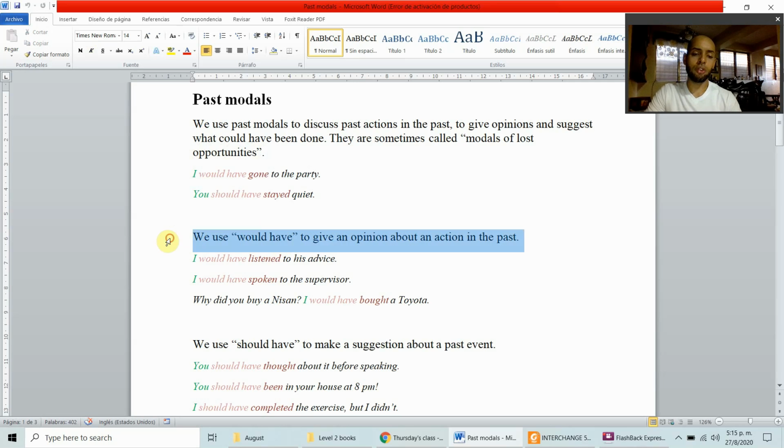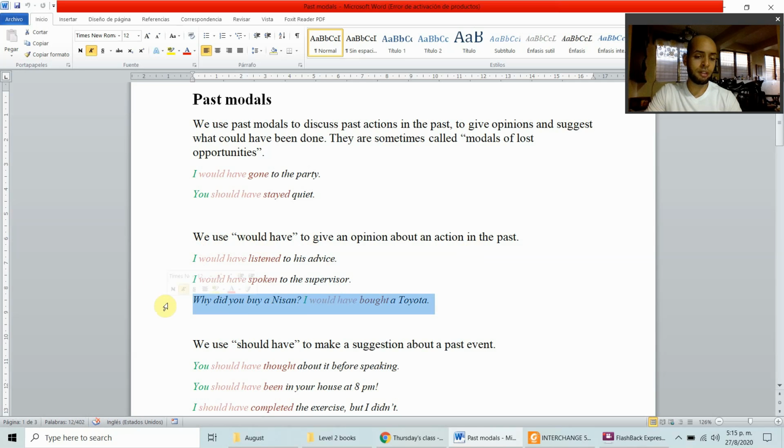We use would have to give an opinion about an action in the past. So to give an opinion about what could have been done in the past, we use would have. I would have listened to his advice. I would have spoken to the supervisor. Why did you buy a Nissan?